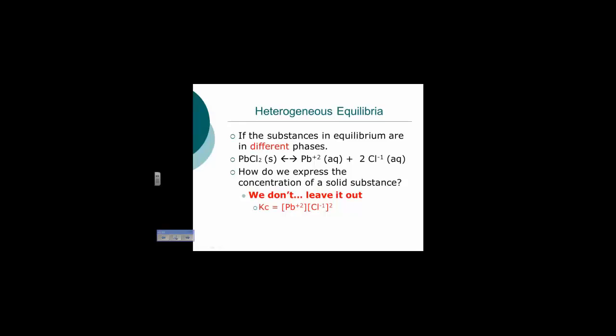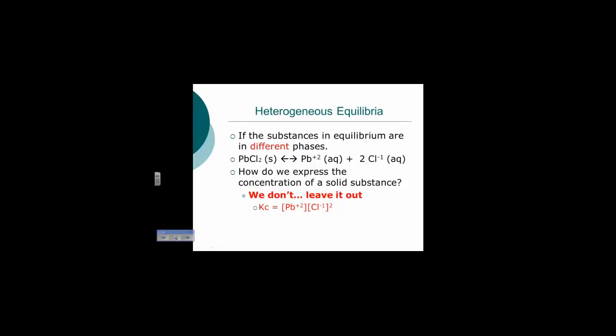So here's what we're saying. Since it makes no sense for pure solids or pure liquids to have a molarity, we do not write about them in equilibrium expressions. We leave them out. How do we express the concentration of a solid? We don't. We can't. It makes no sense. You leave them out. Look at that original equation we wrote for the dissolving of lead 2 chloride, PbCl2.